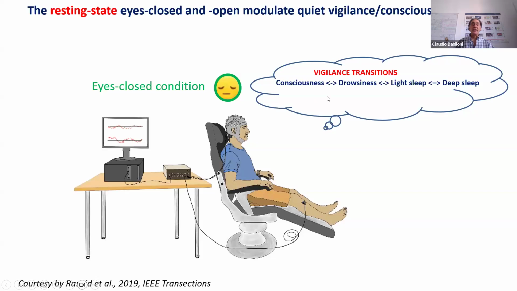And so the resting state condition is ideal to investigate the EEG activity during the transitions of vigilance from consciousness to drowsiness or light sleep, and also, during longer recordings, deep sleep.